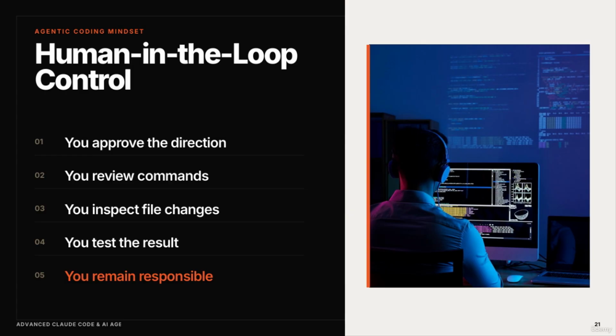Next, you inspect any changes made to the files, confirming that everything is as expected. After that, you test the results thoroughly to verify that the outcome meets your standards. Throughout this process, you remain responsible for decisions and outcomes, reinforcing the collaborative nature between advanced AI agents like Claude and your expertise as a developer. This framework balances the power of AI with the critical judgment of a human coder.